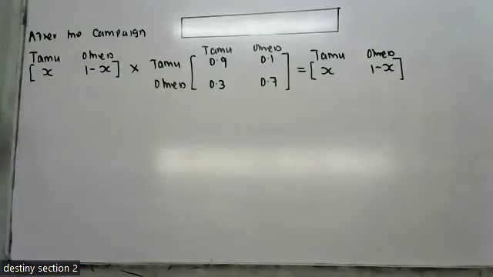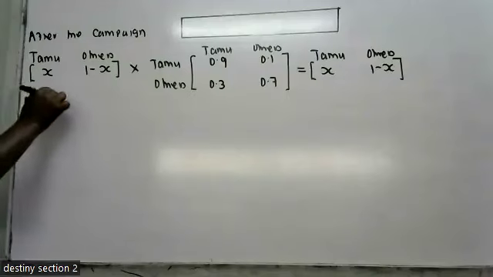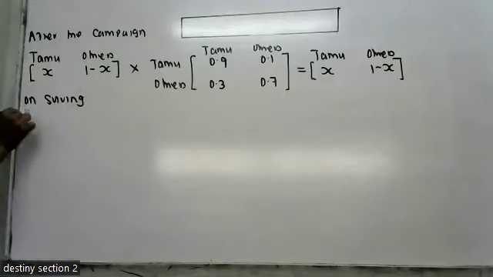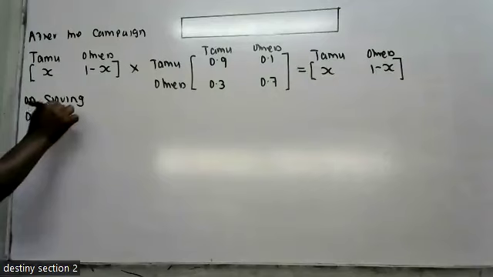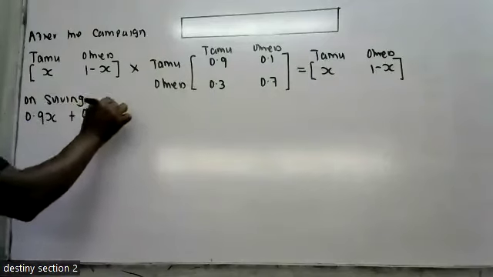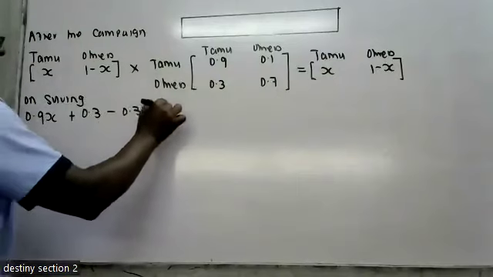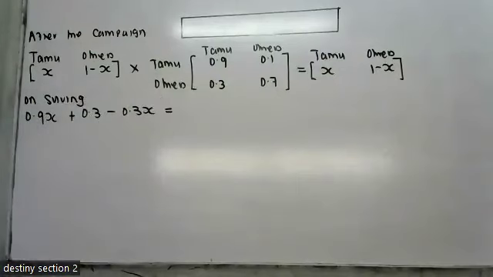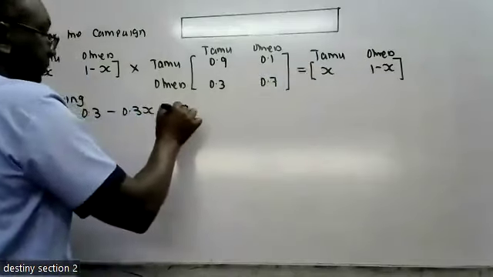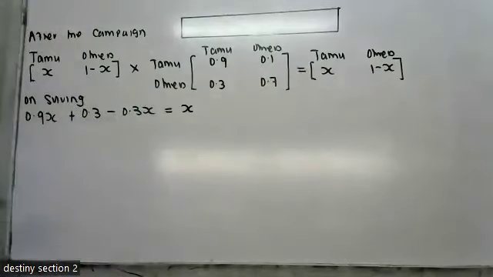So on solving, we get this multiplied by this, that will be 0.9x. This multiplied by this will be 0.3 minus 0.3x. And we are saying that this should give us the x there.